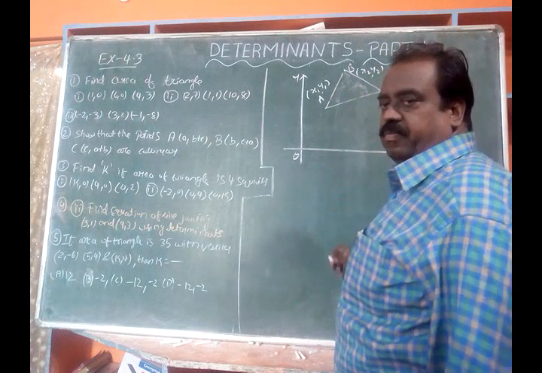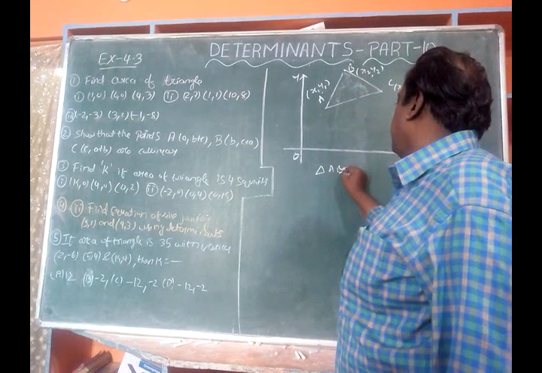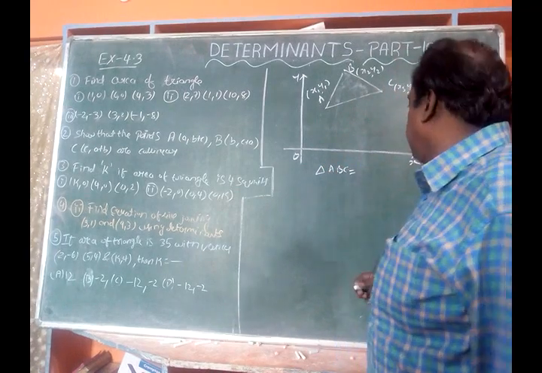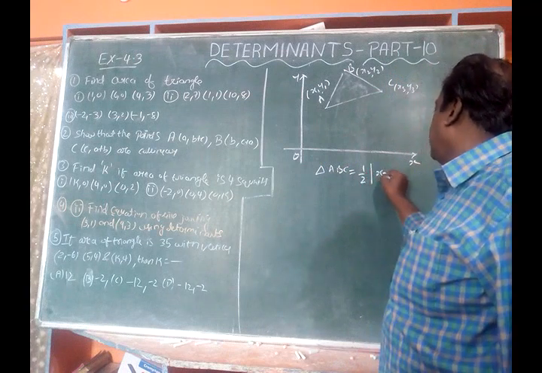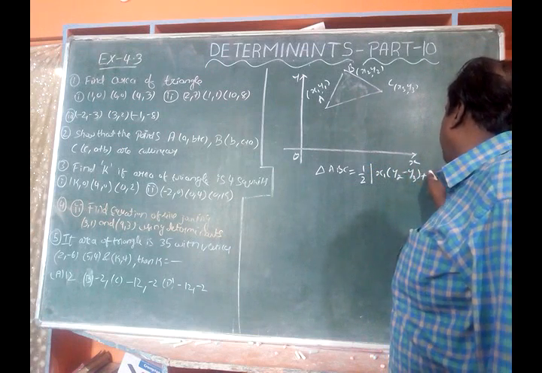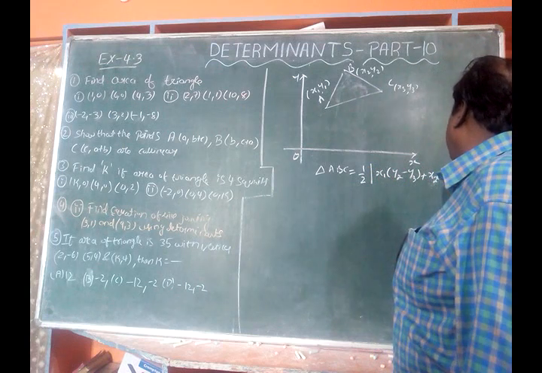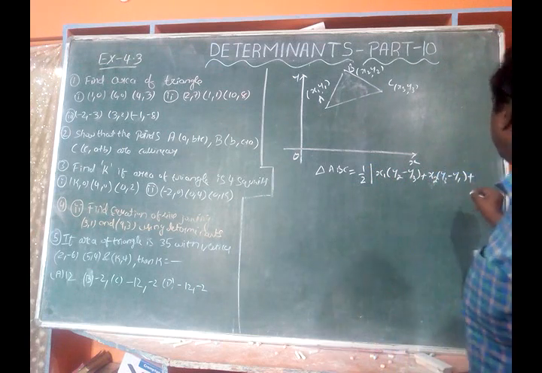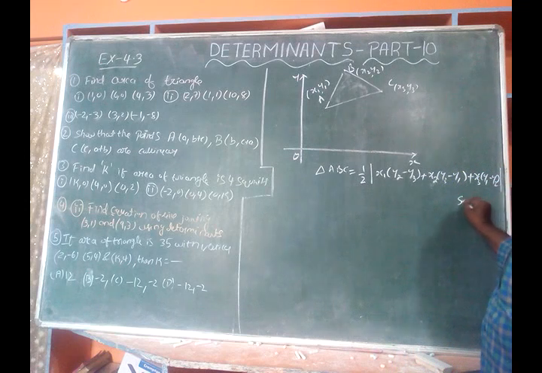This area, delta ABC, the area of triangle ABC, is 1 by 2 with modulus of x1 of (y2 minus y3) plus x2 of (y3 minus y1) plus x3 of (y1 minus y2) square units.